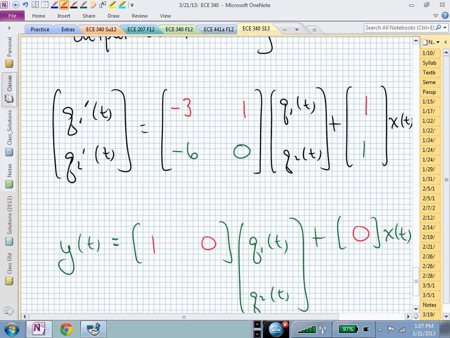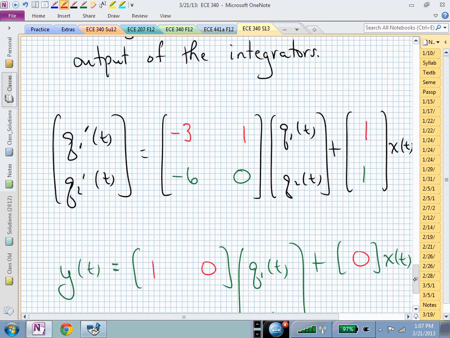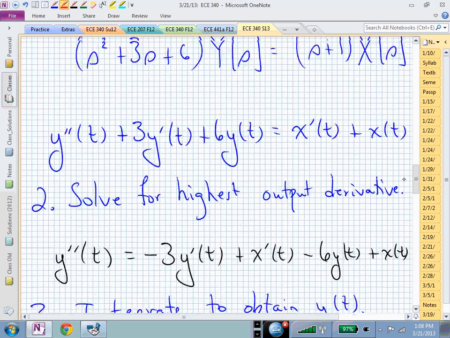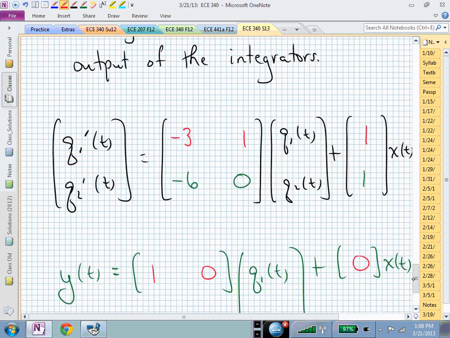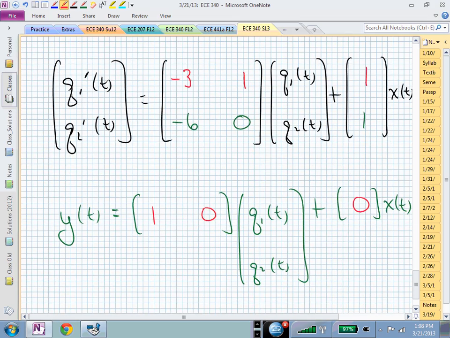That holds if you have a strictly proper transfer function, meaning the numerator is of strictly lower order than the denominator. So you could, by inspection, go directly from that transfer function into a state space representation without going through all of this.